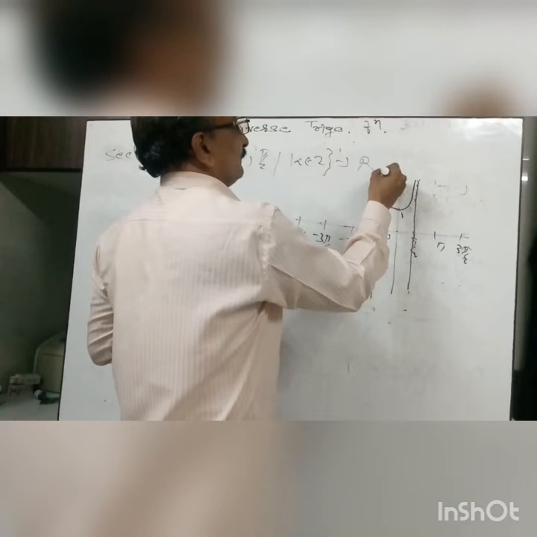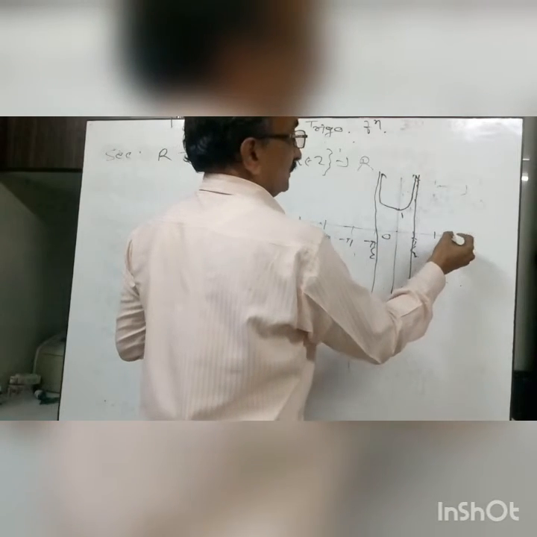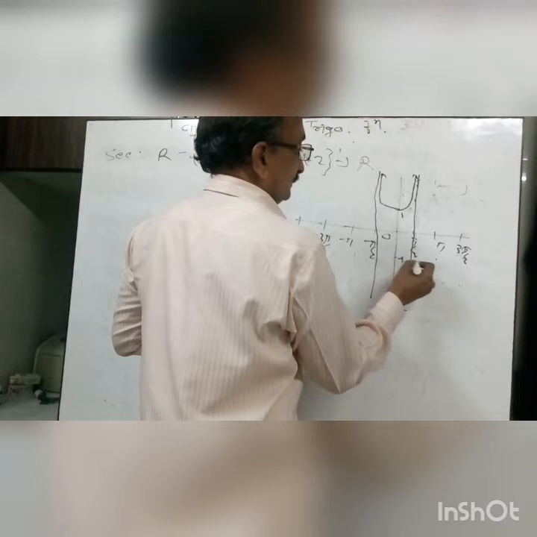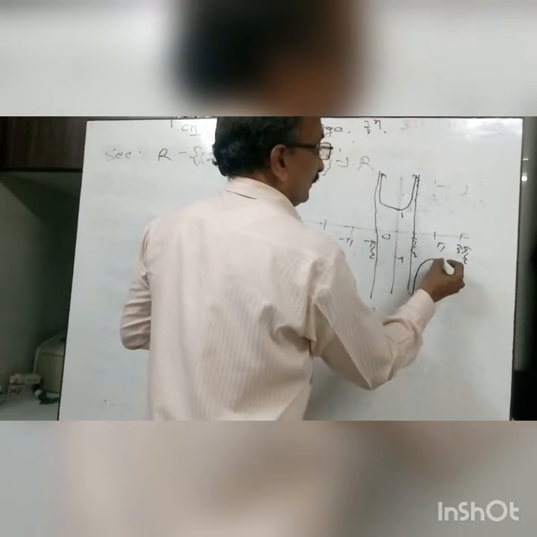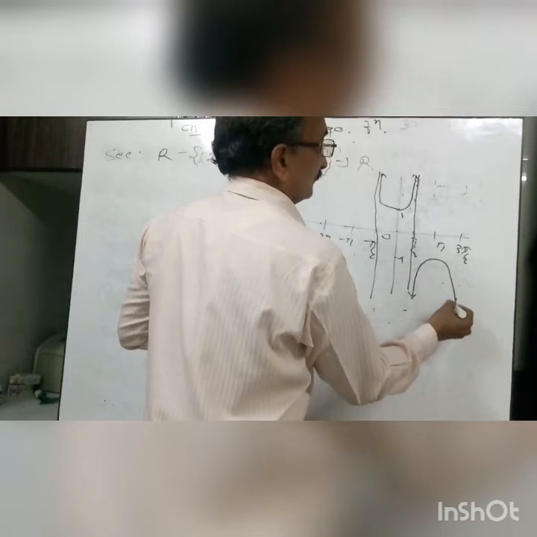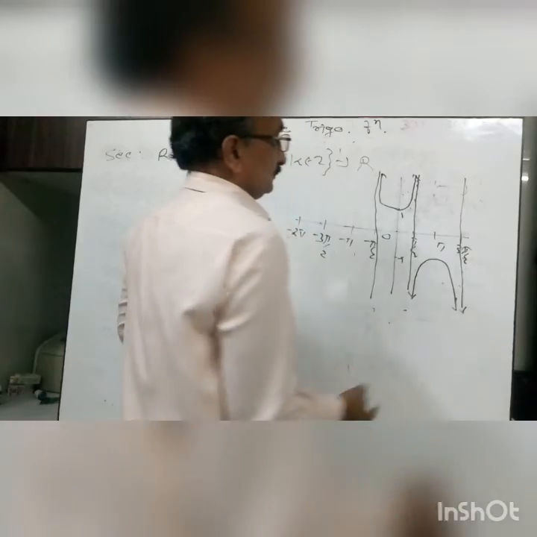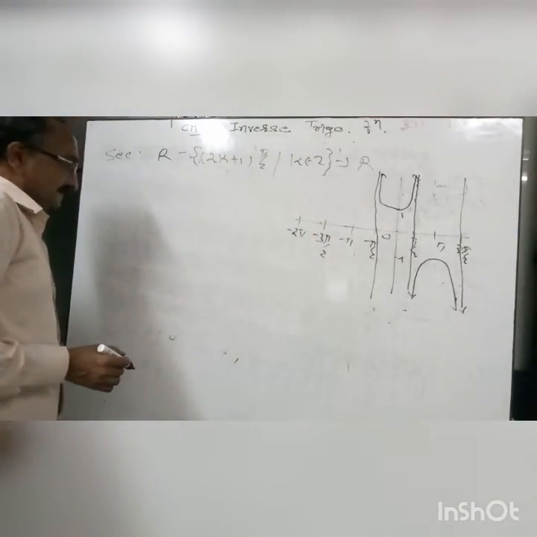So this type of graph we get for sec. Same for this here, at pi it becomes minus 1. So this type of graph we get for this interval. This is the line x is equal to 3 pi by 2. Same for this side, we get the graph of the sec function.